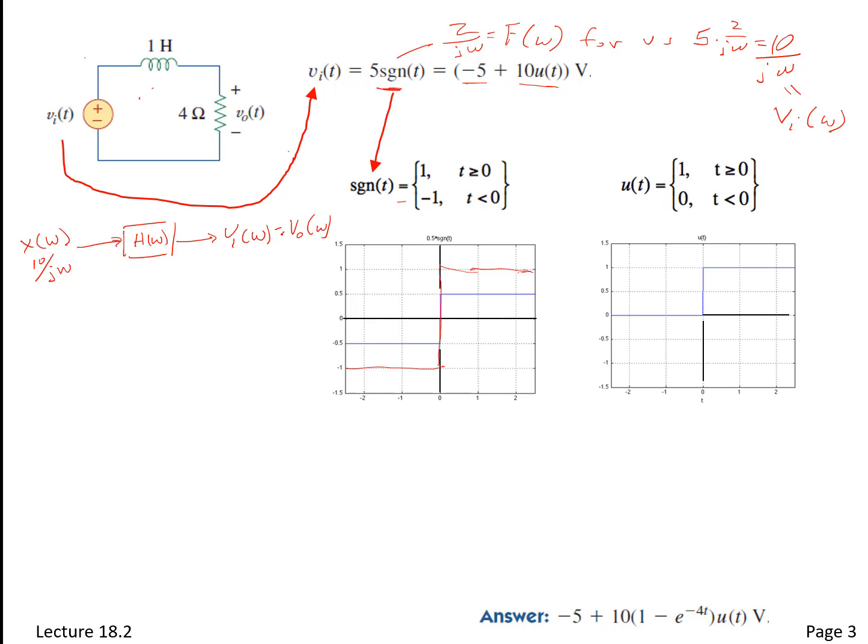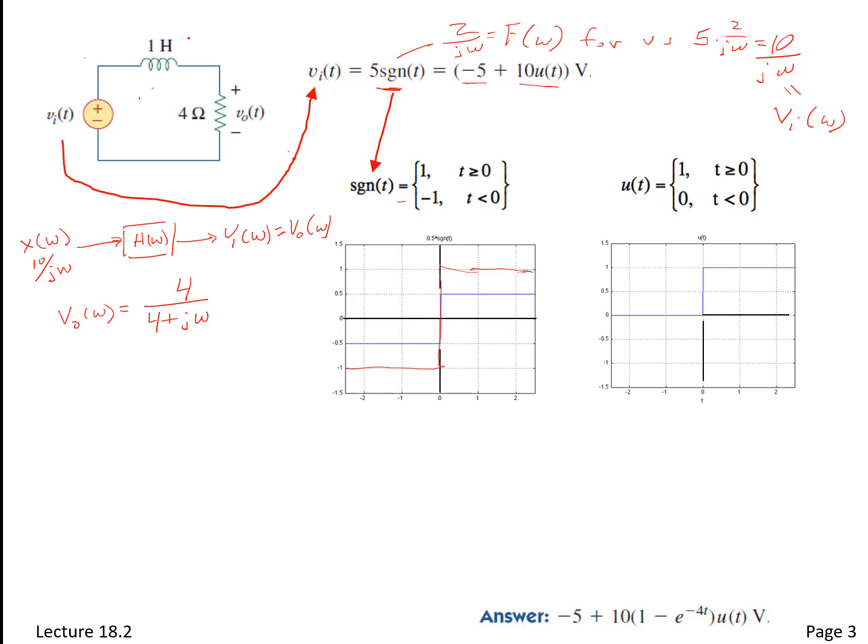Well, we don't need fancy math or anything. This is a simple circuit that we recognize as a voltage divider. That's all that's being asked for here, right? So V out of omega is going to be what? 4 over 4 plus j omega.